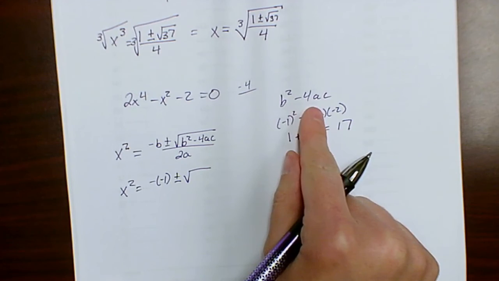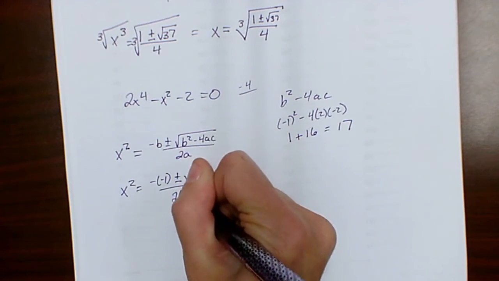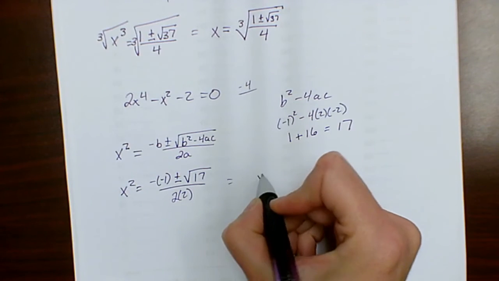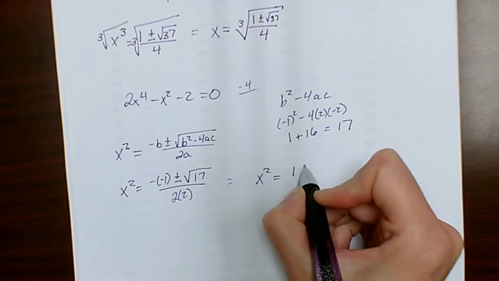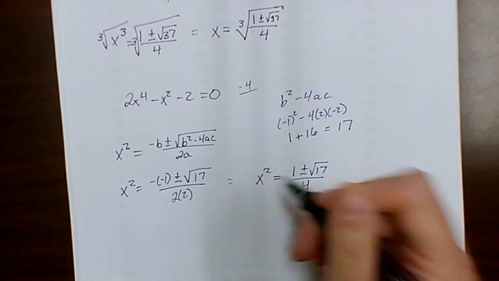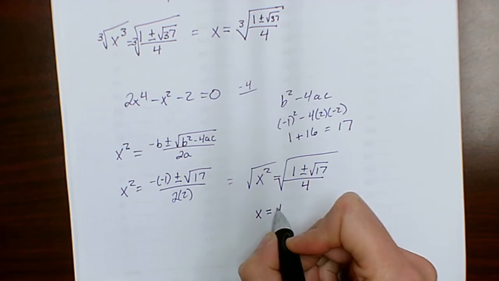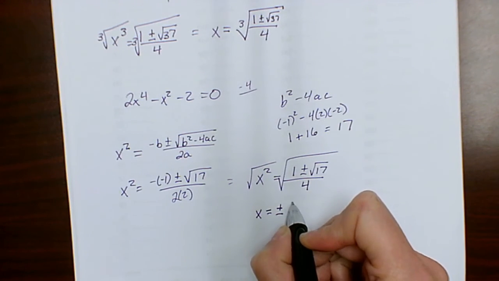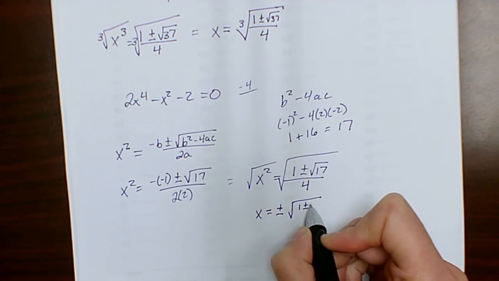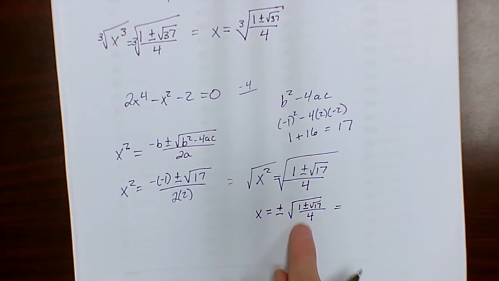Here's b squared minus 4ac, we get 17 all over 2 times 2. x squared equals 1 plus or minus the square root of 17 all over 4. Square root both sides, so x equals plus or minus the square root of 1 plus or minus the square root of 17 over 4. There's a radical in the denominator.